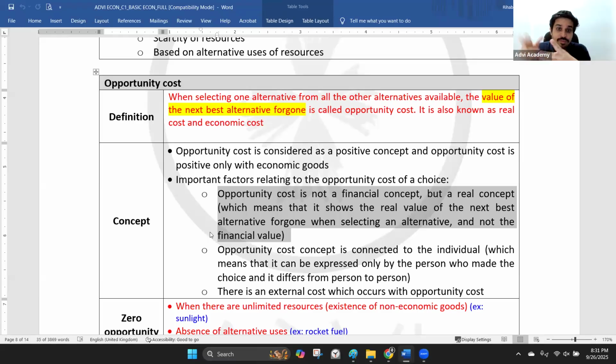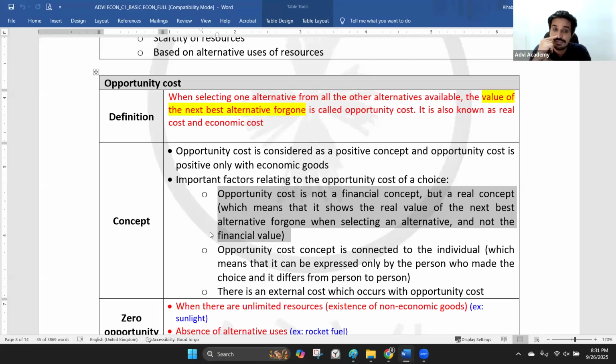What is your opportunity cost? What would you rather be doing than sitting here? You made a choice to sit in this webinar and do the short note with me. The opportunity cost is sleeping, probably, for some of you. For others, maybe watching TV, reels, YouTube videos, or a movie. This is what you have sacrificed. So the value of your second best alternative is your opportunity cost.